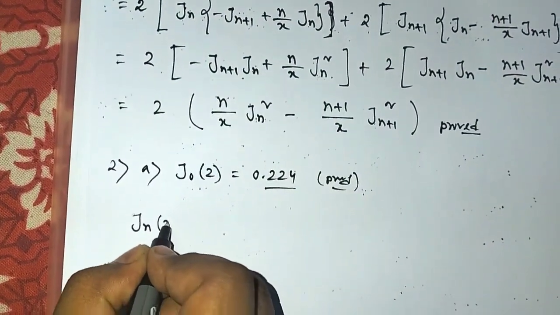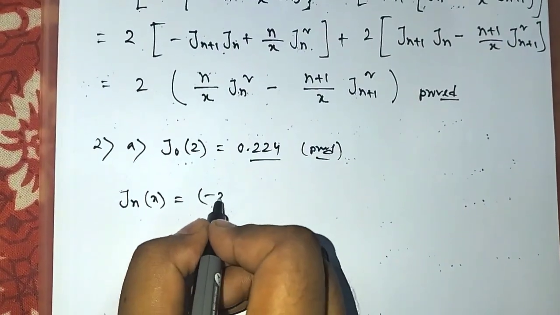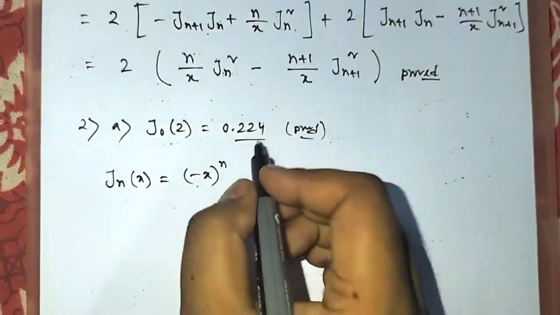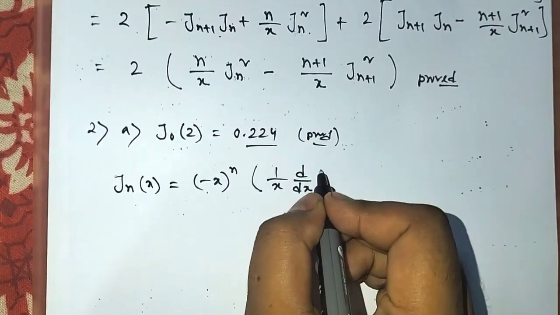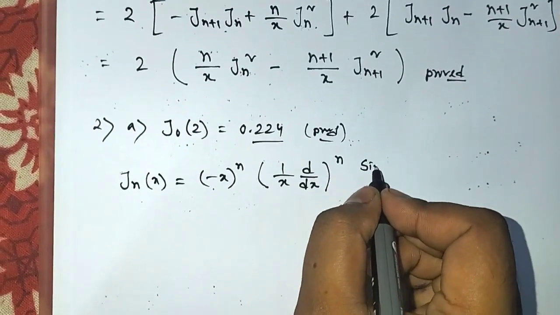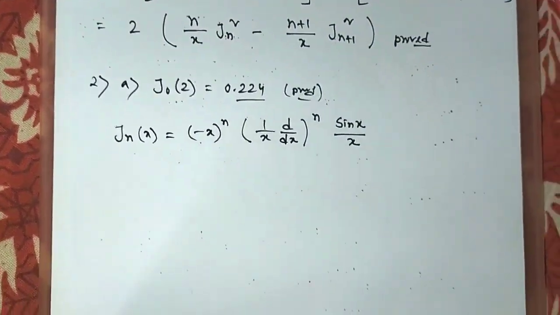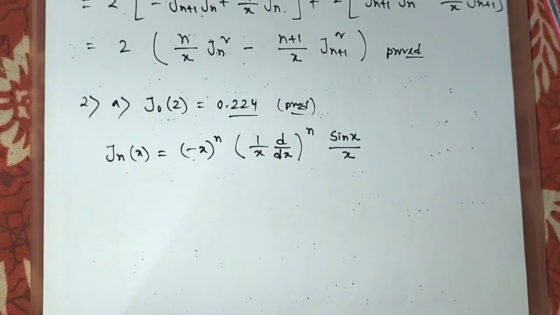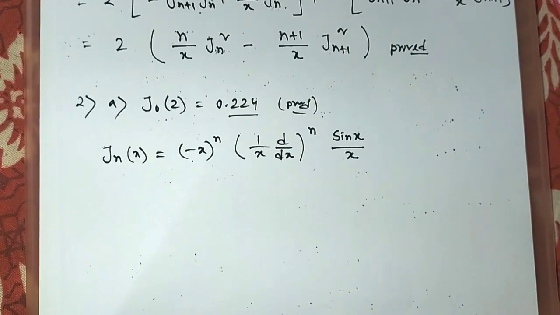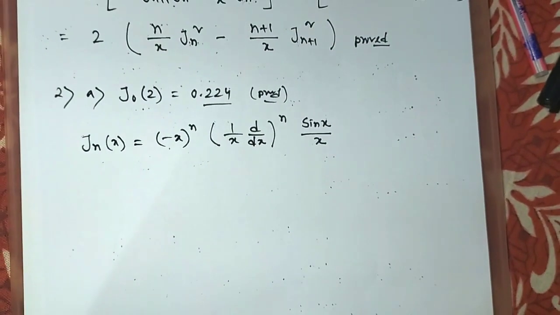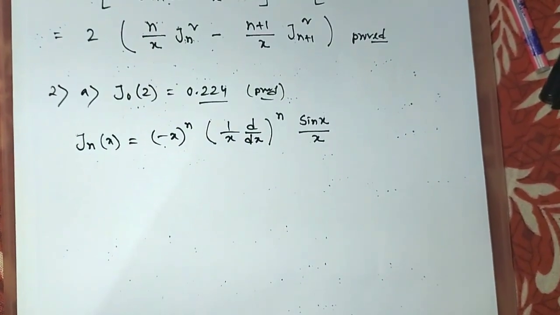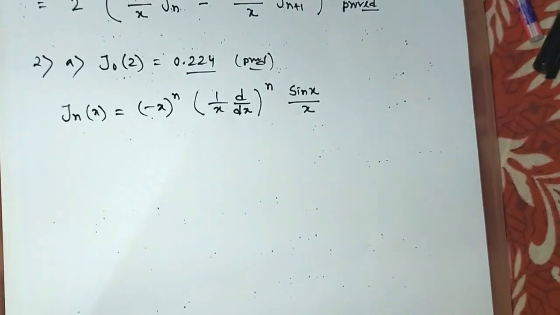You should remember it: J_n(x) equals (-x)^n (1/x d/dx)^n sin x / x. If you have no knowledge about this equation, then please go through it. You can get this from the examples. Otherwise, this is a very important relation.